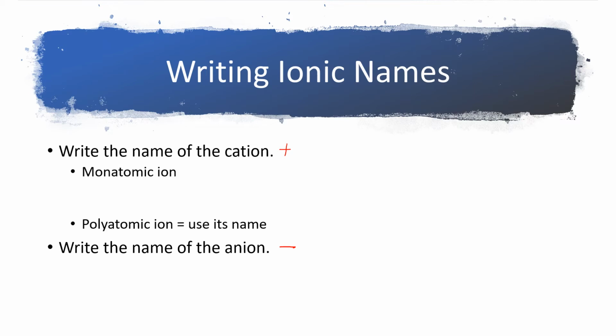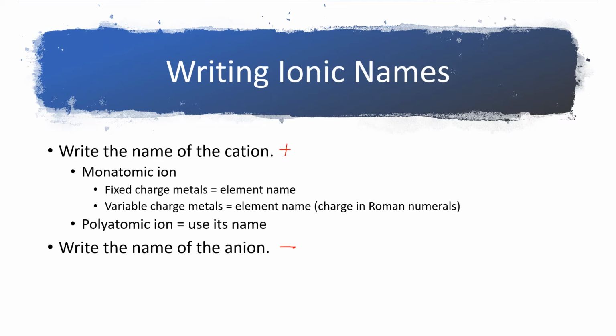When it comes to cations, we have two types of cations. There are monatomic ions and there are polyatomic ions. And the monatomic ions can be broken down further into fixed charge metals and variable charge metals. So for the fixed charge metals, which are group 1, group 2, and then those four weirdos, the diagonal rule, which is silver, zinc, cadmium, and aluminum, their charges will be the last digit of their group number, and we just call them by their name.